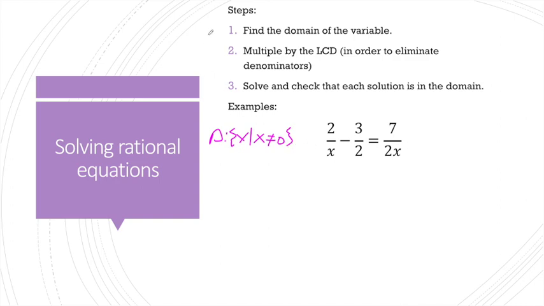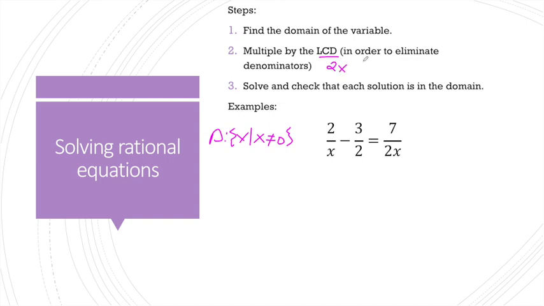Next, we need to multiply by the LCD in order to eliminate denominators. Then we're going to solve and check that each solution is in the domain. Okay, so the LCD, that's the lowest common denominator. So it's going to be the smallest number divisible by x, 2x, and 2. So in this case, the LCD is just 2x.